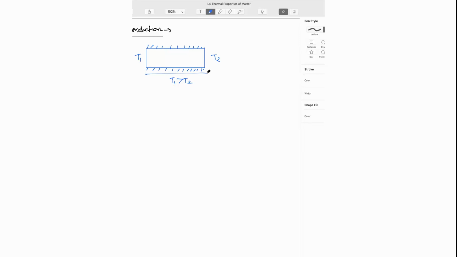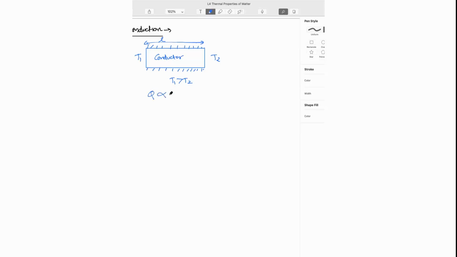We are considering a conducting slab, and the length of the conductor is L.